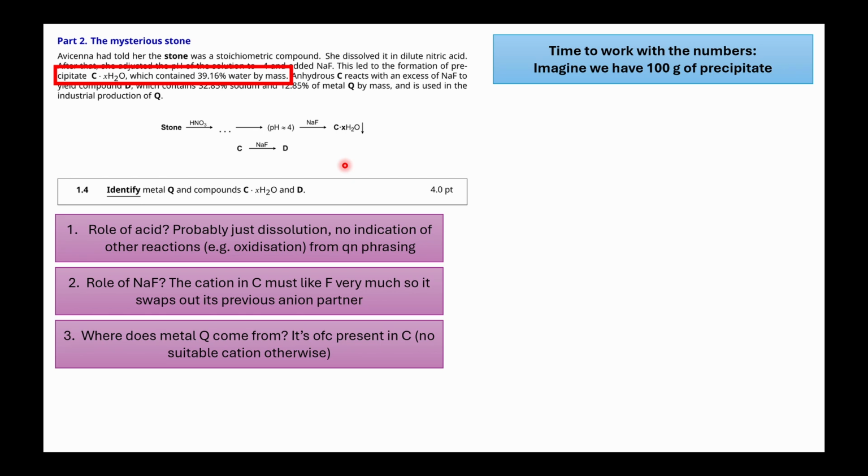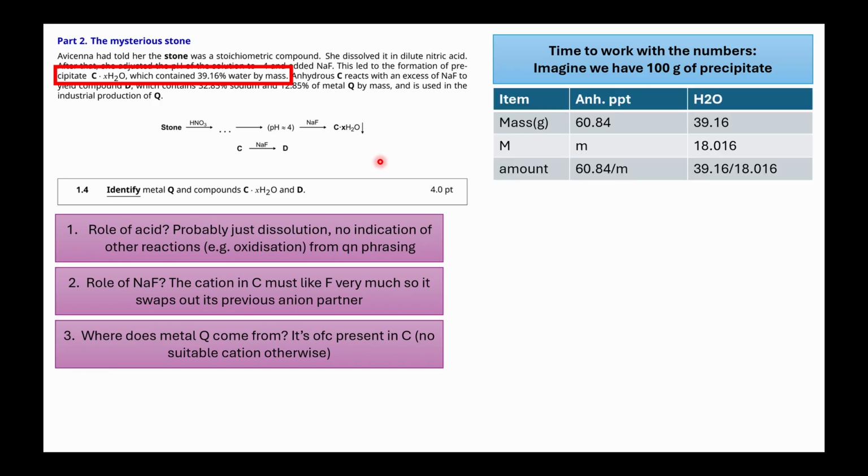So after we have gleaned all the possible qualitative information, let's go with quantitative information. So time to work with the numbers. I don't like dealing with a lot of equations, so I usually work with tables. So imagine we have 100 grams of precipitate to start with, and then you can split it into the anhydrous part and the waters of crystallization.